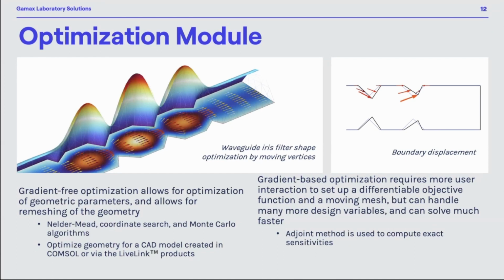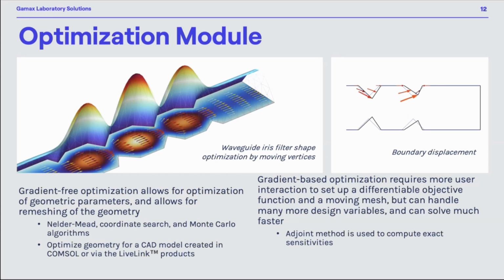So you can use the built-in functionalities. There are two options, like the gradient-free optimization, so you can create new geometries during the optimization algorithm, and the other big portion of the family of optimization algorithms is the gradient-based optimization.